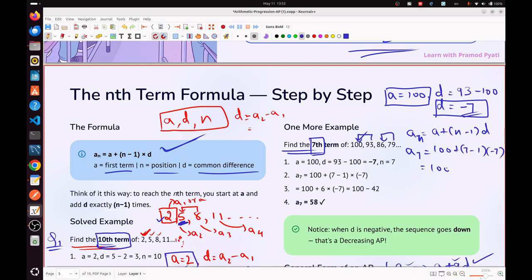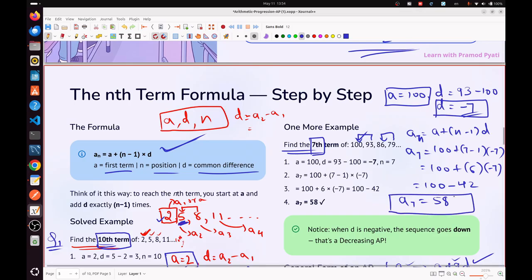If you solve this, 100 plus 7 minus 1 is 6, 6 into minus 7. Here also we will get minus, because minus into plus is minus. 7 6s are 42. 100 minus 42 is 58. The value of A7, the 7th term in the series, is 58.